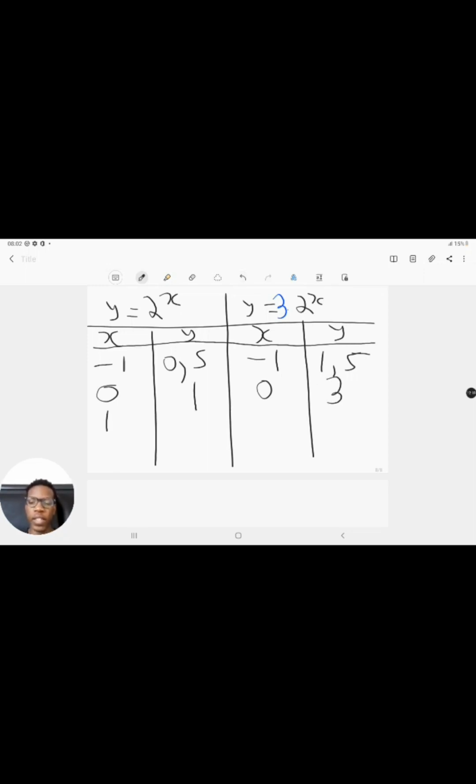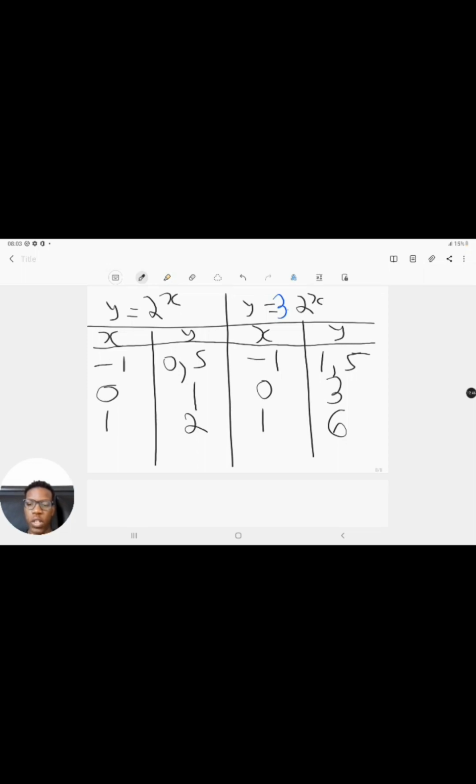What happens if x is equal to 1? Well, y is equal to 2 to the power of 1, which is 2. And if x is equal to 1, y is equal to 3 times 2 to the power of 1, which is 3 times 2, which is 6.